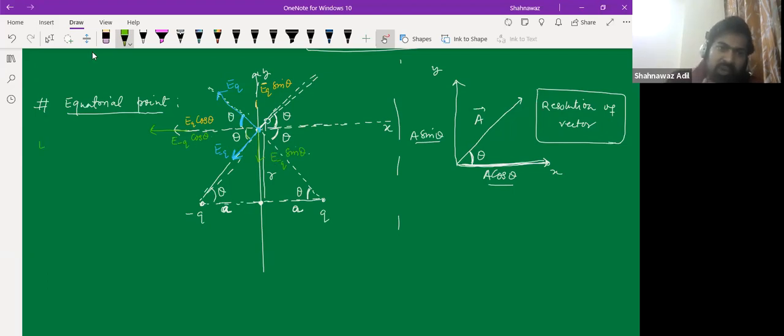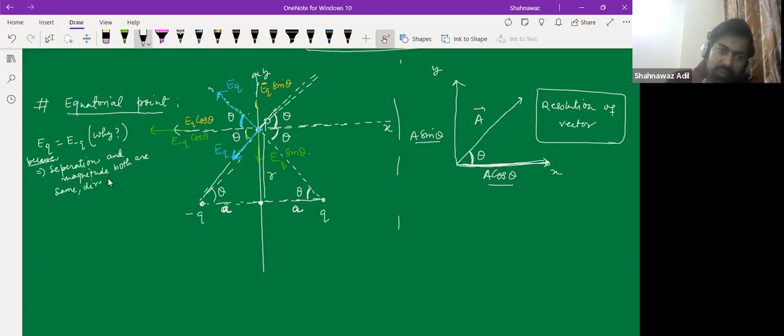So magnitude of EQ is equal to E minus Q. Why? Because separation and magnitude of charge both are same. Both are same.